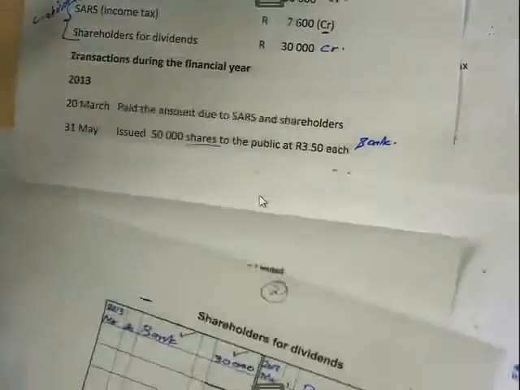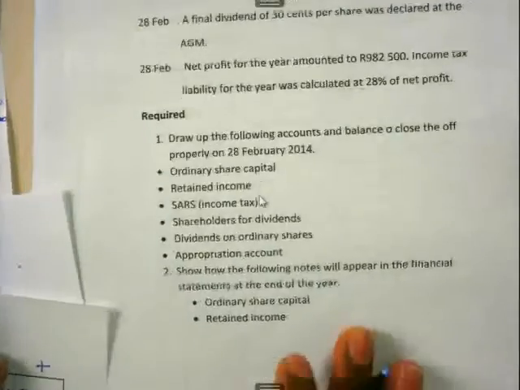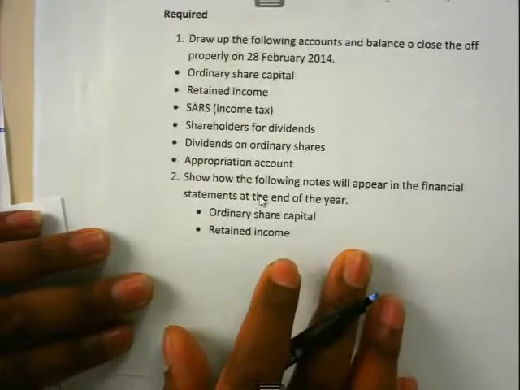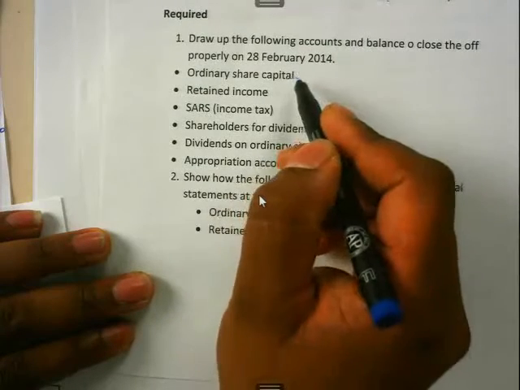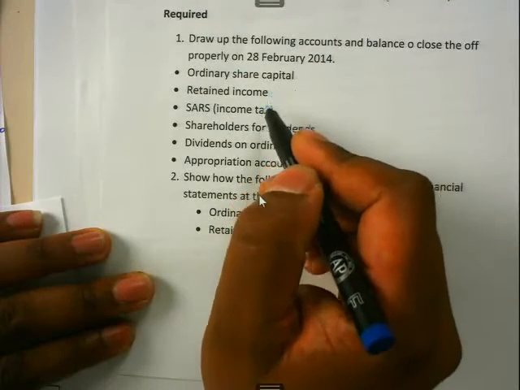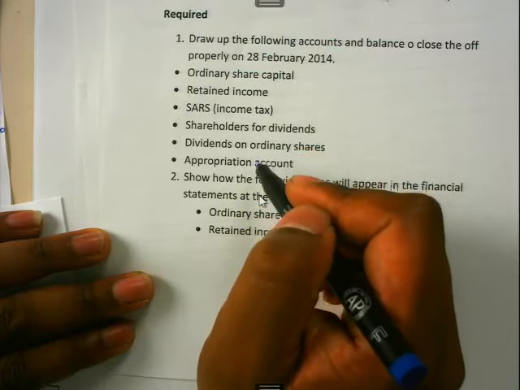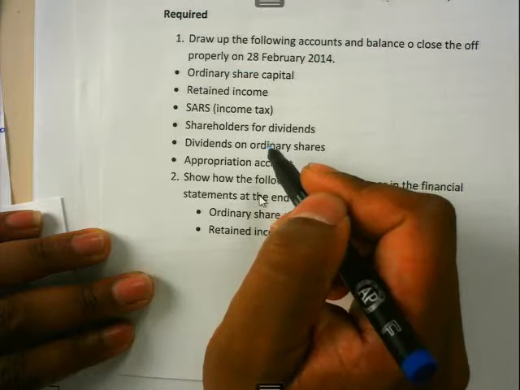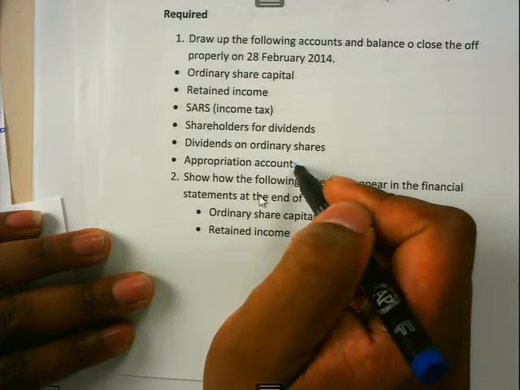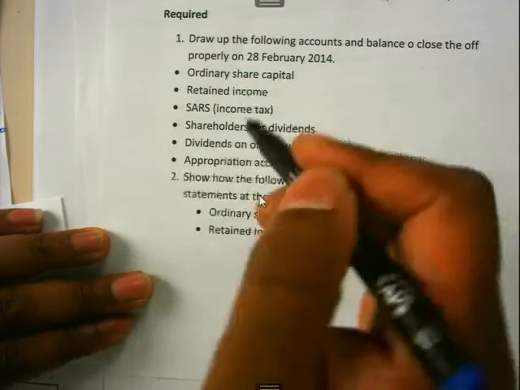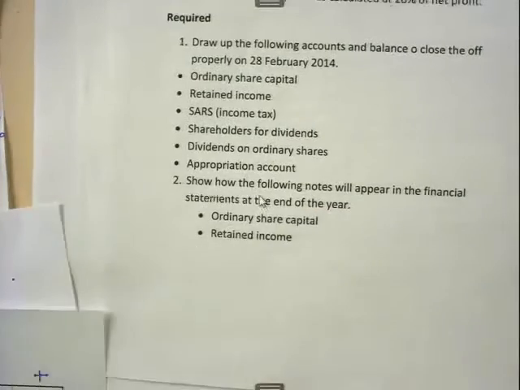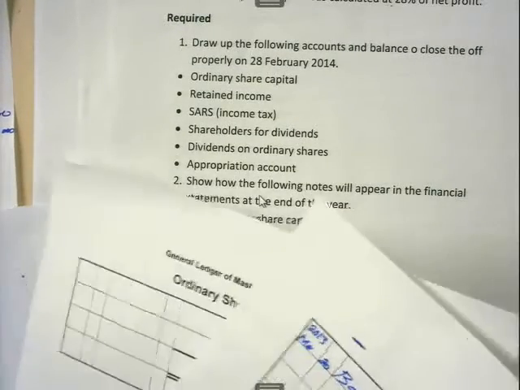However, our instructions requested us to prepare only the following accounts: ordinary share capital, retained income, SARS income tax, shareholders for dividends, dividends on ordinary shares, and appropriation account. We were not required to prepare the bank account, and therefore, I'm not going to do that.